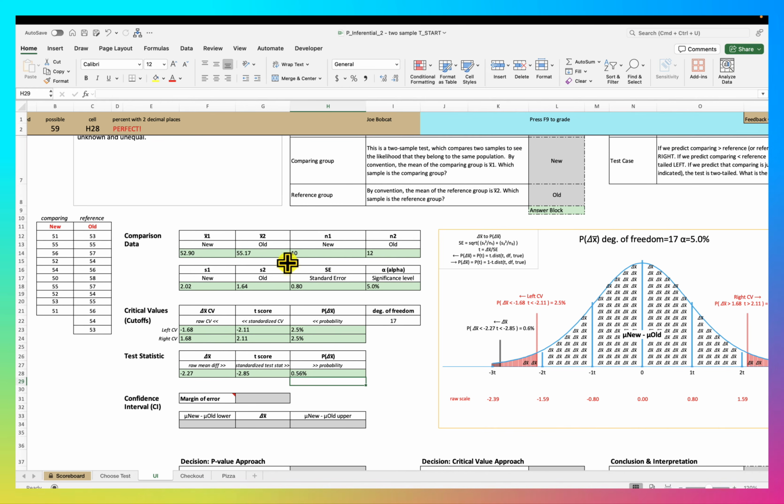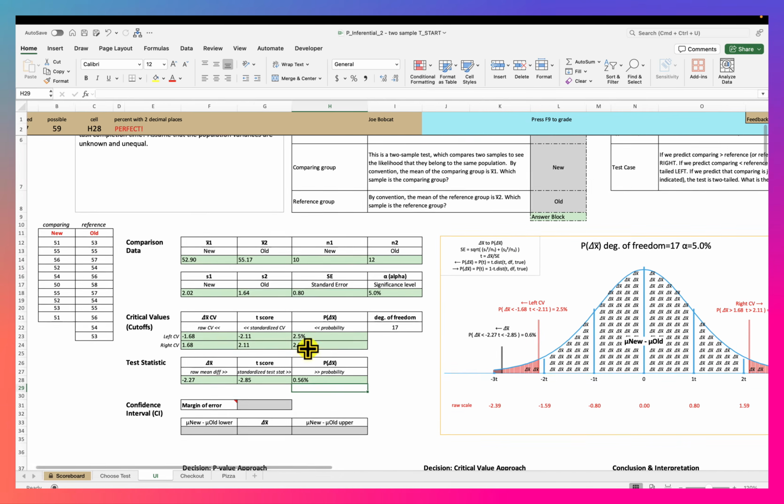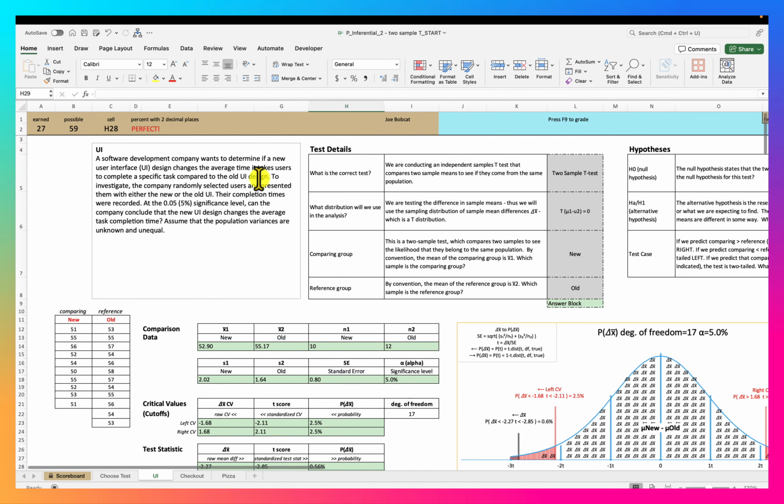So in other words, the difference between these two means is too big for them to have come from the same population, which means that we're going to say they came from different populations, which means there really is a true difference between the comparing group and the reference group, a true difference between new and old, which is kind of what we were testing for, right?